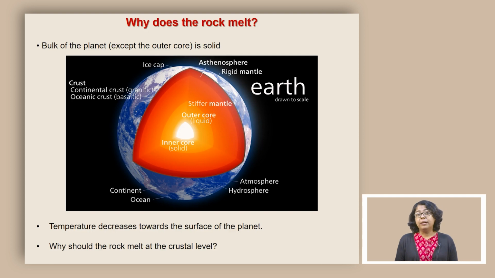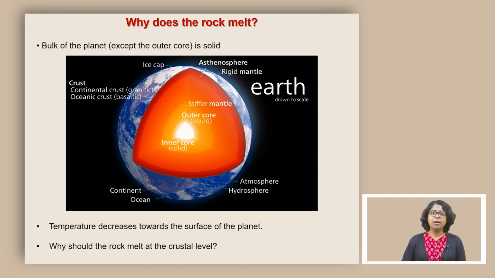We can compare it to an egg, where the shell is the crust, the yolk is more like the core, and the white layer in between, once we boil it, is something like the mantle. That gives you a general idea of how thick the mantle and core are in comparison to the crust.